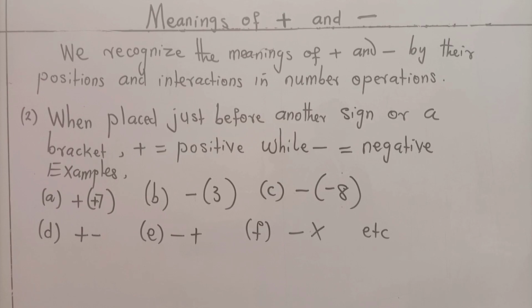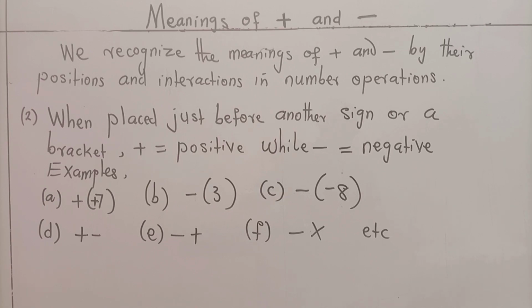Another meaning of this plus and minus goes this way. It says when placed just before another sign or a bracket, plus means positive, while minus means negative. Don't forget that we said at the outset that the most prominent or popular meanings of these signs, plus and minus, are having, owing, then positive and negative.